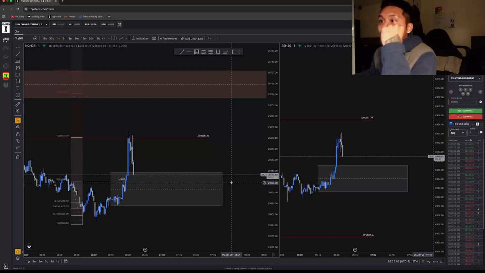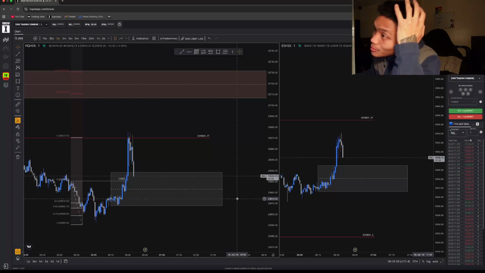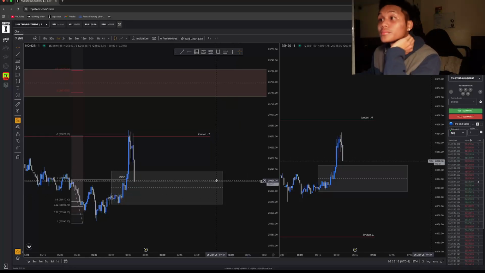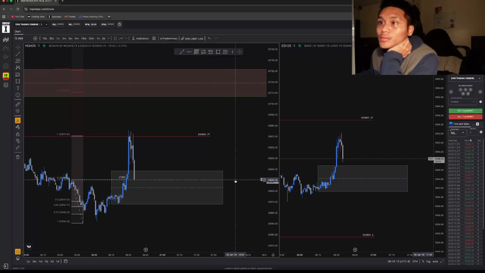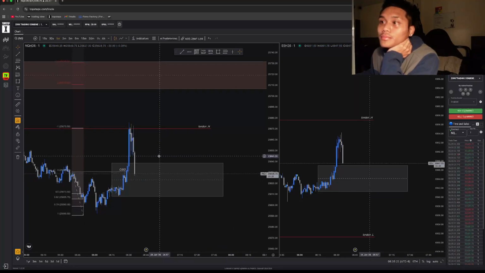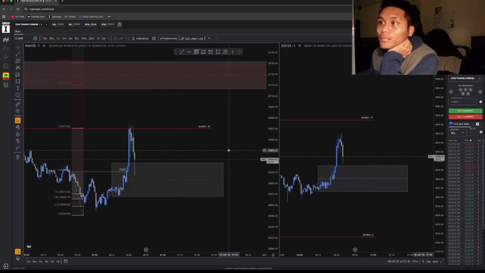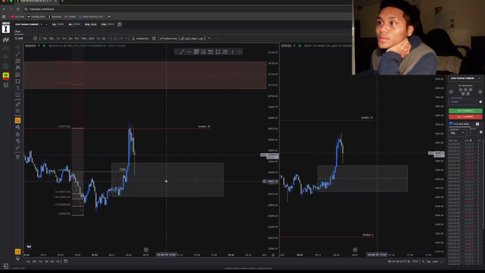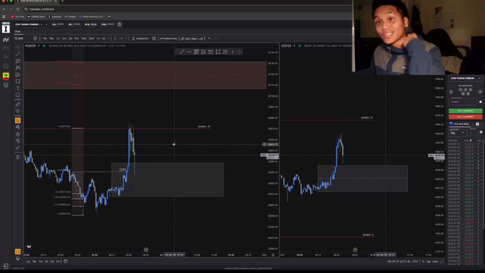And once we do get a retest, I want to see possibly an inverse. See, we're retesting that level where we broke out from. It's a good reaction off the zone though, since we are initially looking for longs.